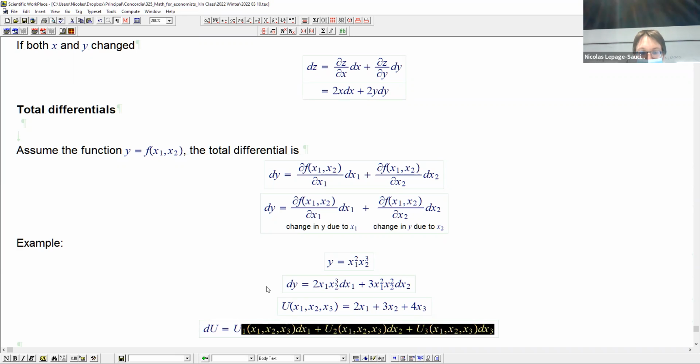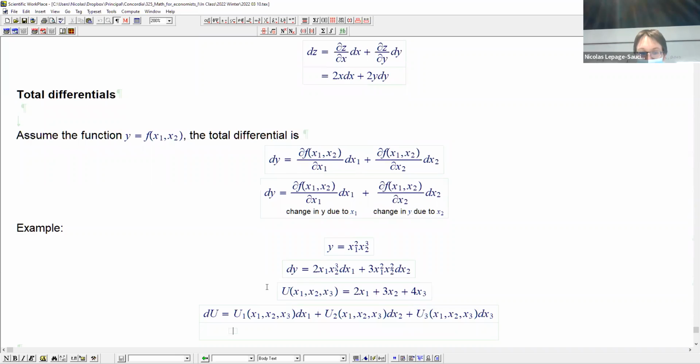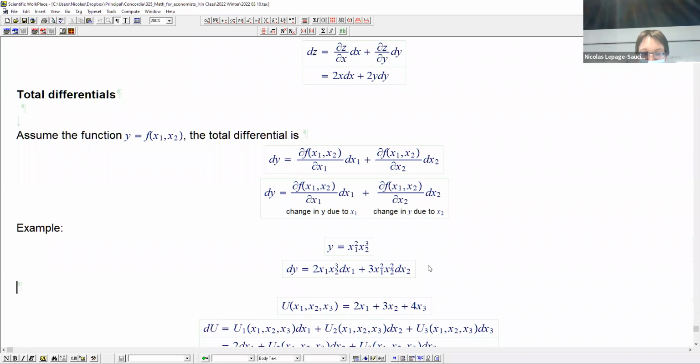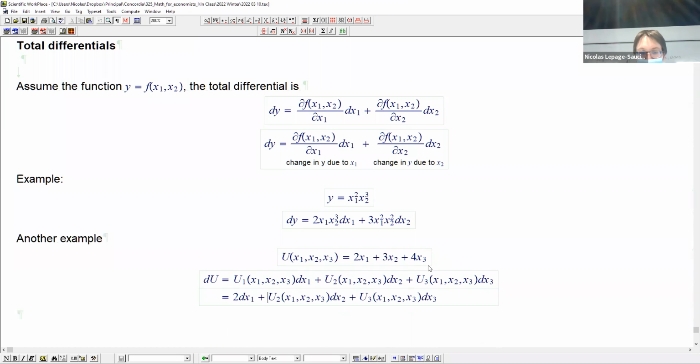Then it is equal to, so u1 is 2. I just take the partial derivative. u2 is 3, and u3 is 4.